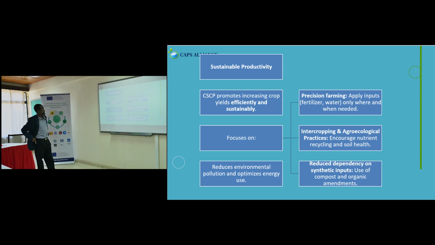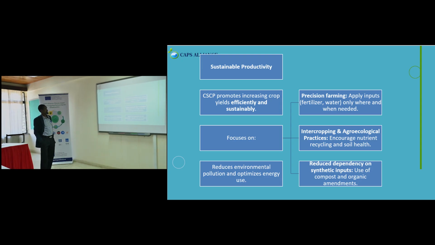Now, here's sustainable productivity. Again, climate smart crop production promotes increasing crop yields, efficiency, and sustainability. It focuses on precision farming, which we have talked about, intercropping, agroforestry, reducing environmental pollution, and optimizing energy use. Then we reduce the dependency on synthetic inputs such as fertilizers, but instead we employ compost manure.